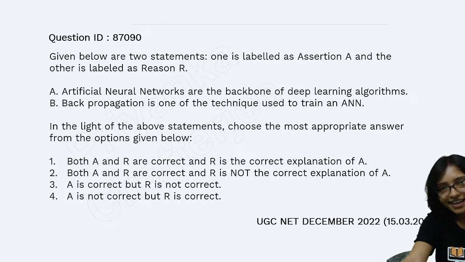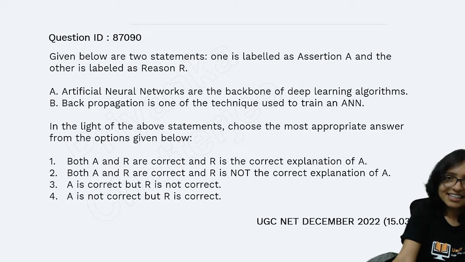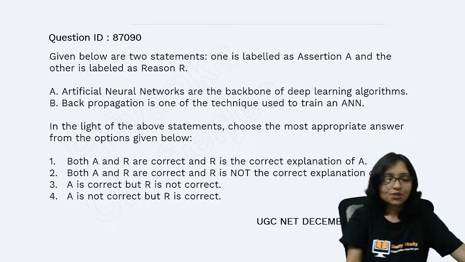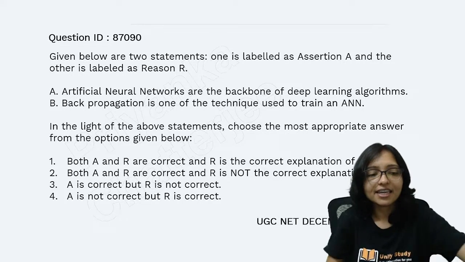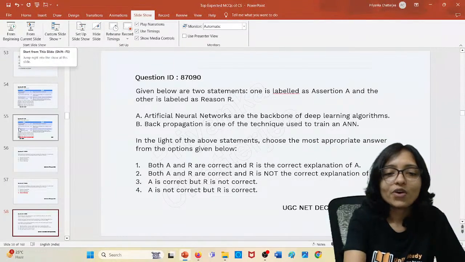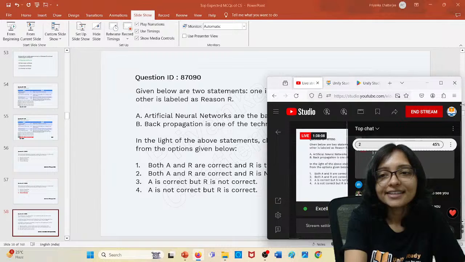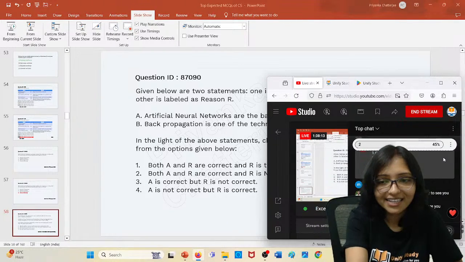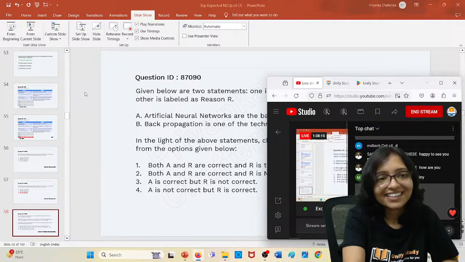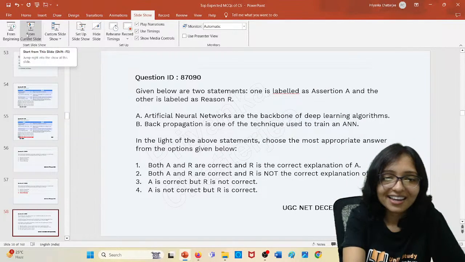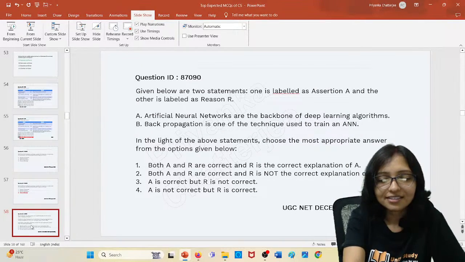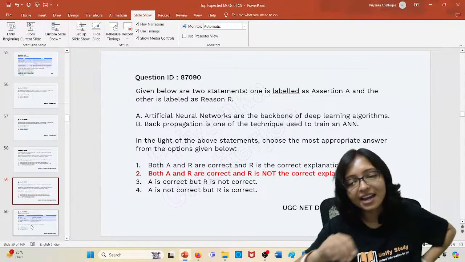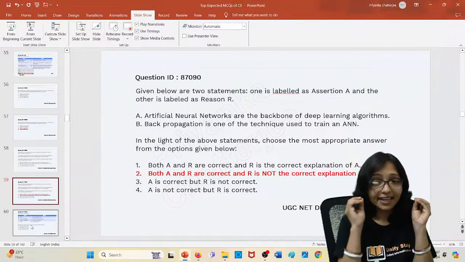Ten, 9, 8, 7, 6, 5, 4, 3, 2, 1 and 0. Your time ends now. So you are giving the wrong answer here. Again, assertion and reason both are correct, but it is not the correct explanation.